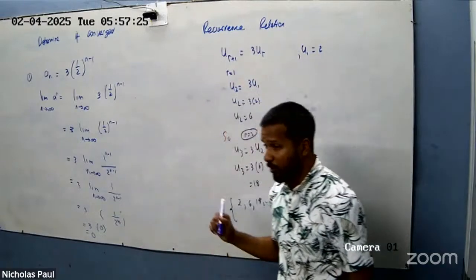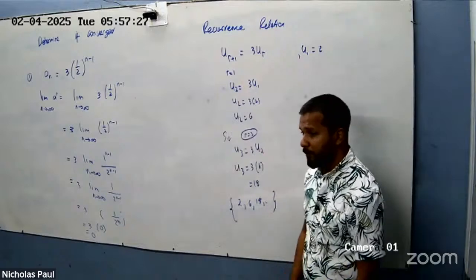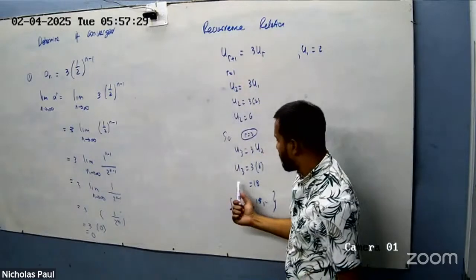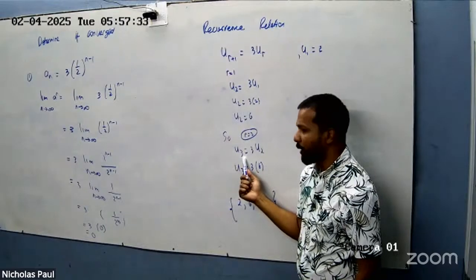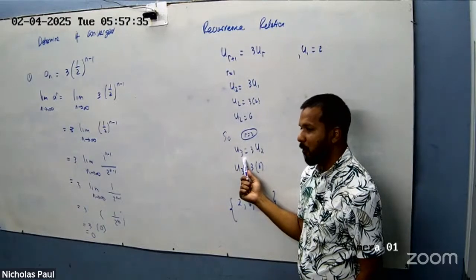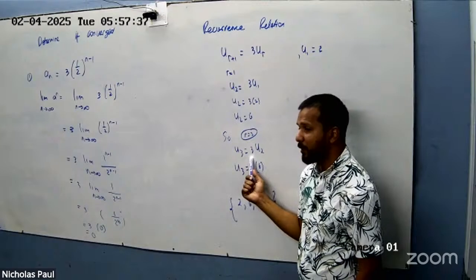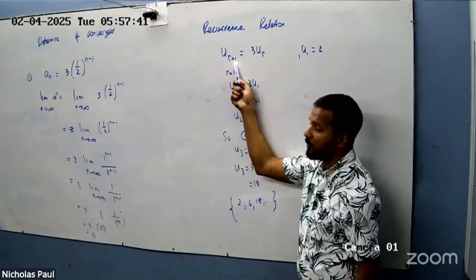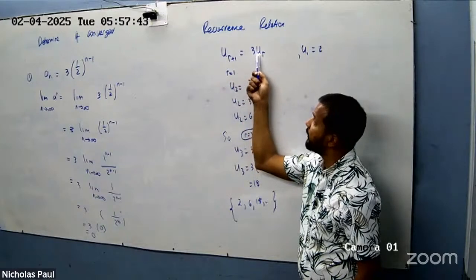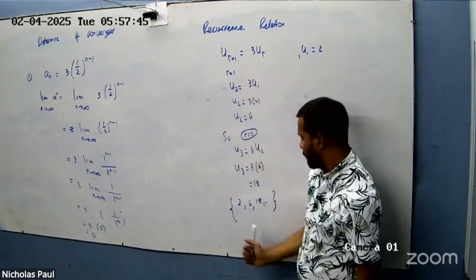To get U4, what will it be? U4, which is 3 plus 1, will be 3U3, and U3 was 18.